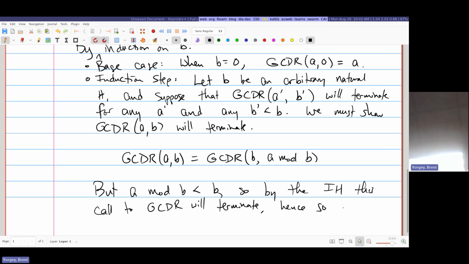Hence, so will GCDR A B, because GCDR A B does one step and then makes a recursive call to this thing that we know is going to terminate. So it will itself also terminate.